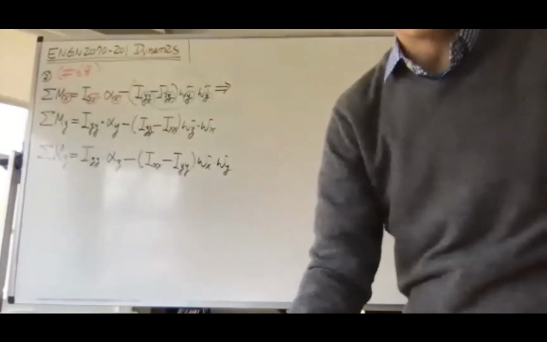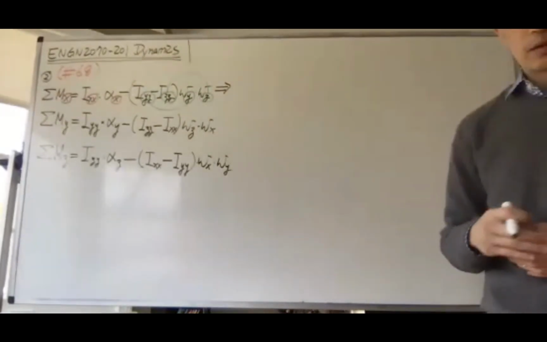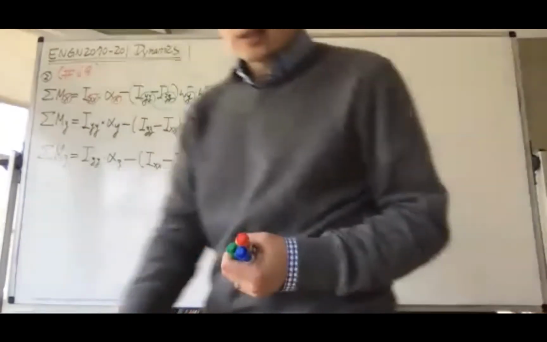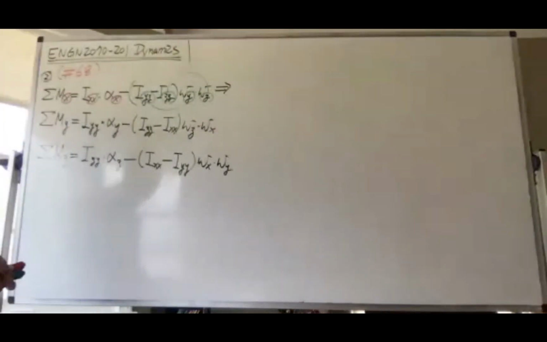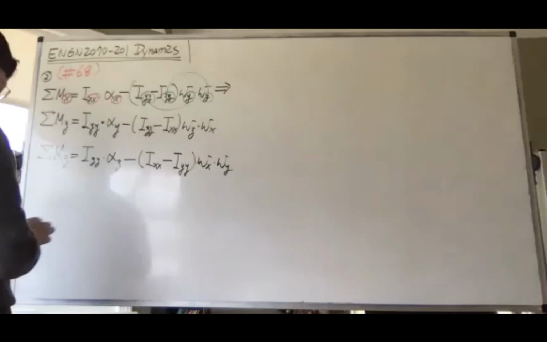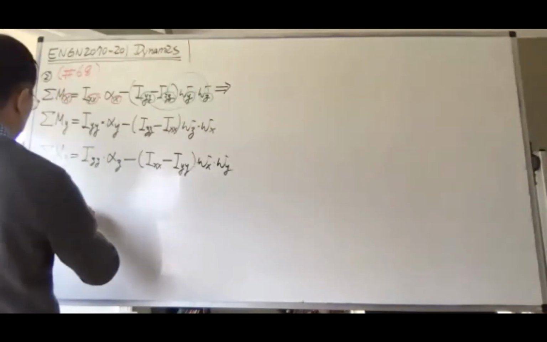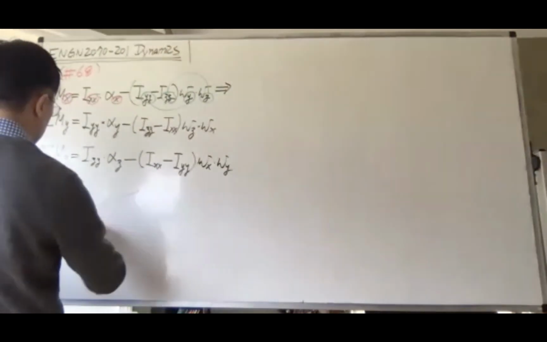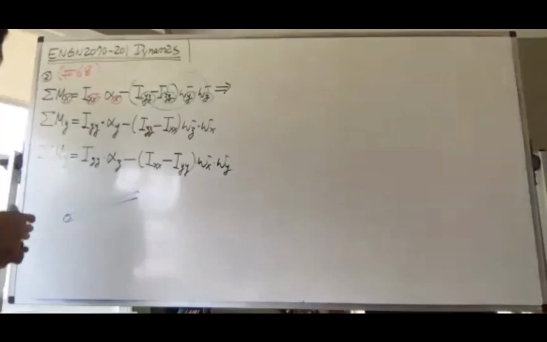If you look at the spinning of the whole thing, the moment equilibrium that we have means that the bar that we considered earlier, which is this, is subjected to what forces?